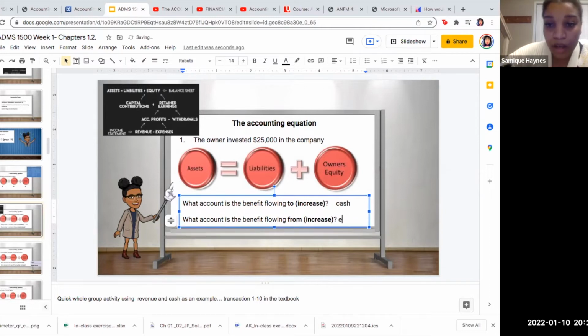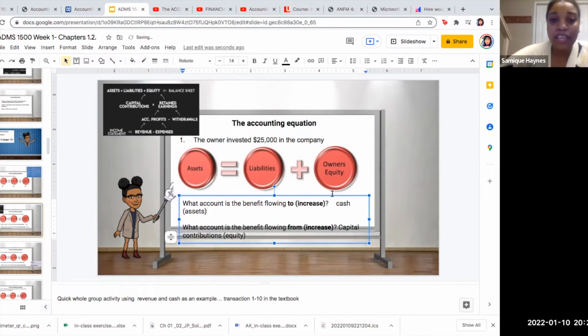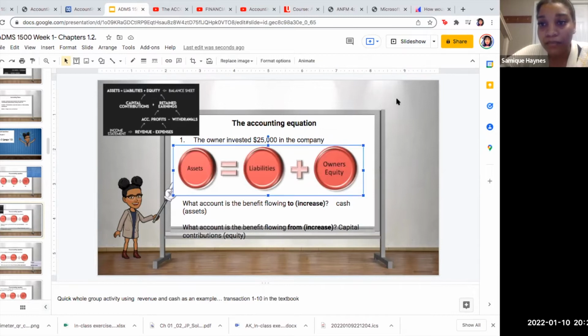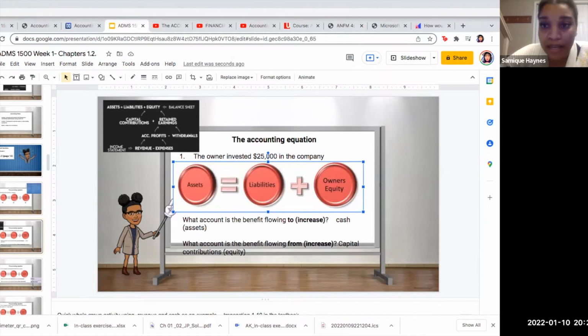So I'm gonna call this capital contributions. And so we know that this is equity, and we know that this one is going to affect our assets. Now think of it this way, if we have $25,000 under assets and $25,000 under owner's equity, does our equation balance? Our equation just does balance, it does.